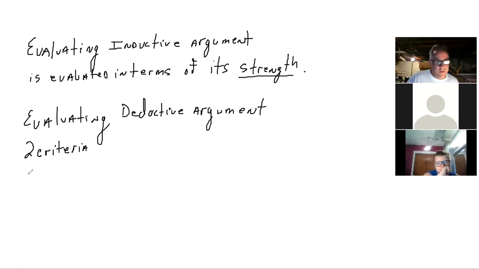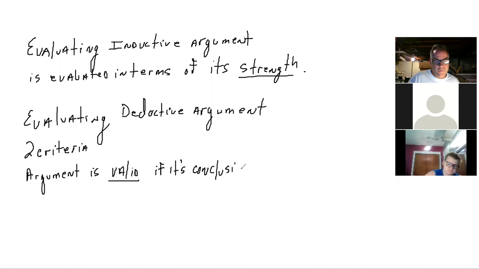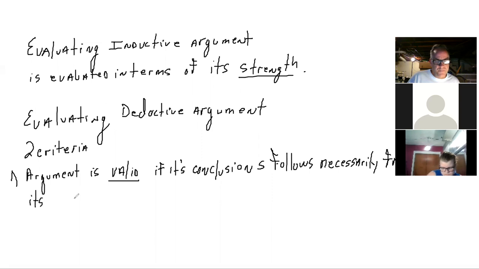The argument is valid if its conclusion follows necessarily from its premises. Put a 1 here, from its premises.